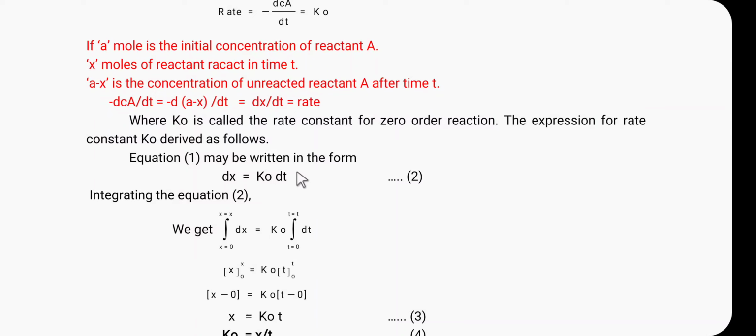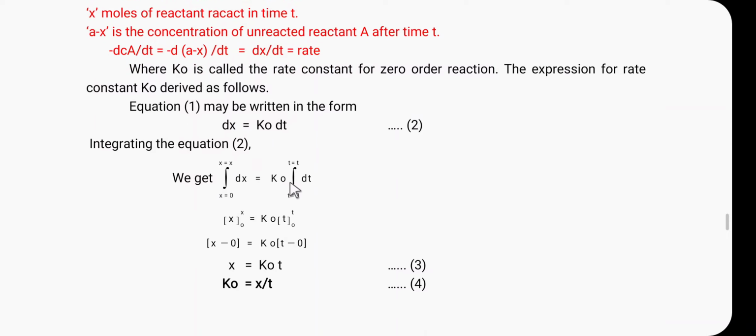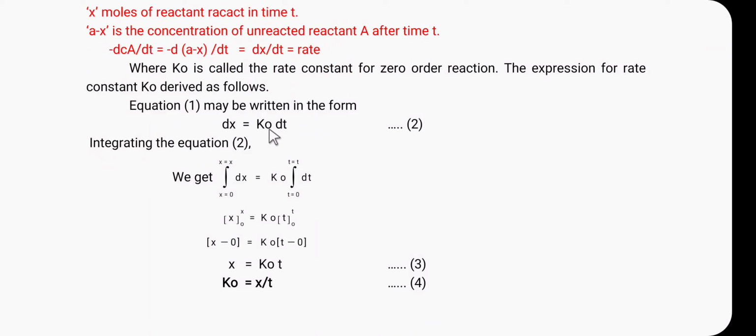Equation 1 can be rearranged as dx is equal to k0 into dt. Now we have to integrate the equation using the proper limits, x is equal to 0 to x is equal to x. k0 is written outside the integral sign because it is a constant, and all of you know that a constant is always written outside the integral sign.